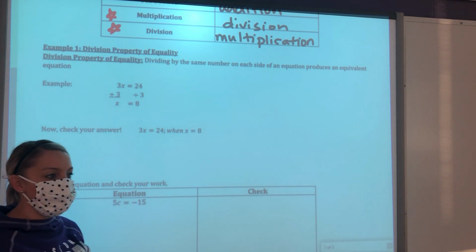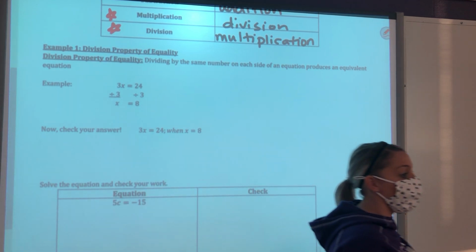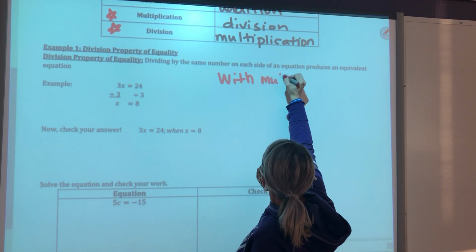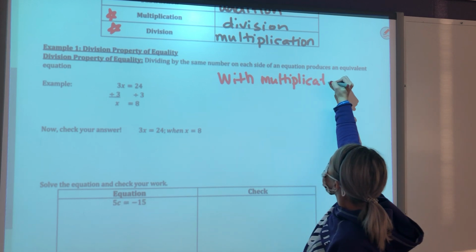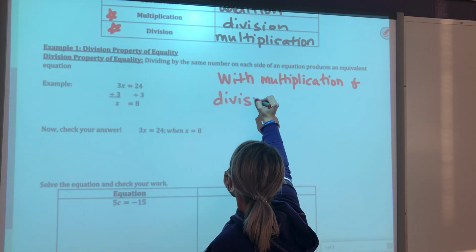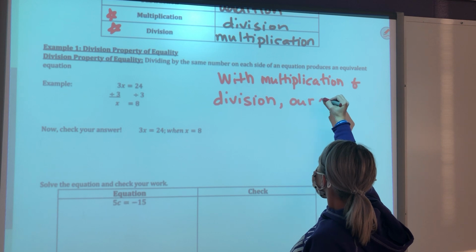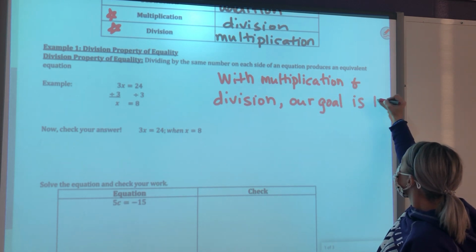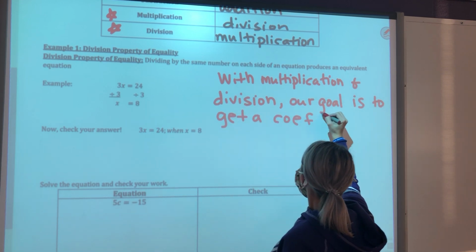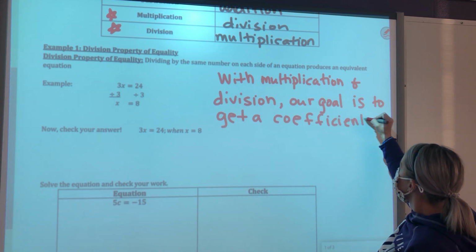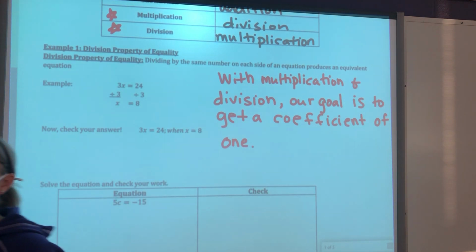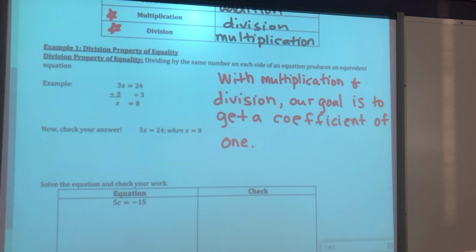So when we're dealing with multiplication and division, our goal is to get a coefficient of 1. So that's always our goal, to make sure we have this 1 as our coefficient.